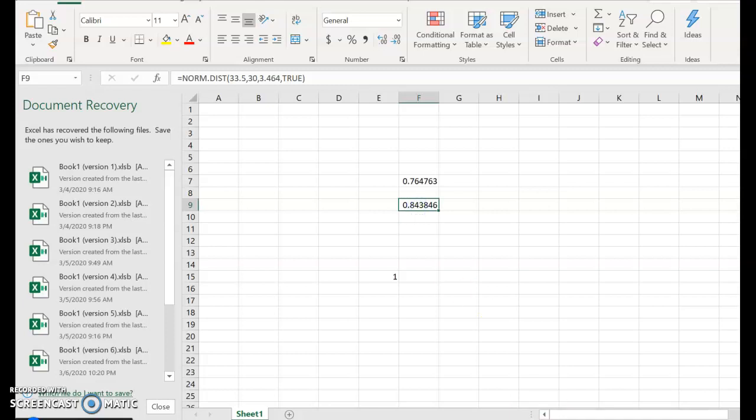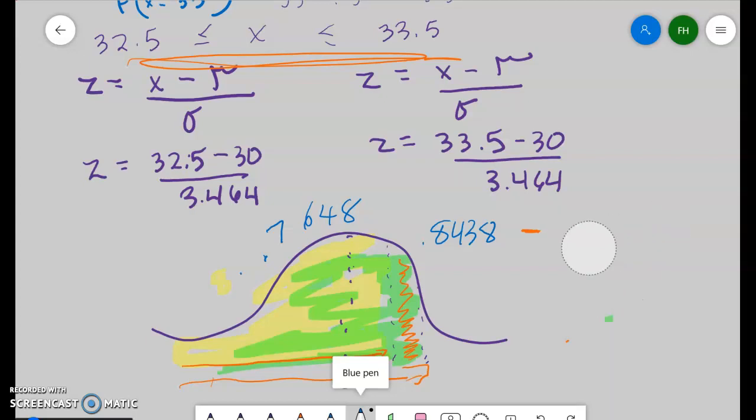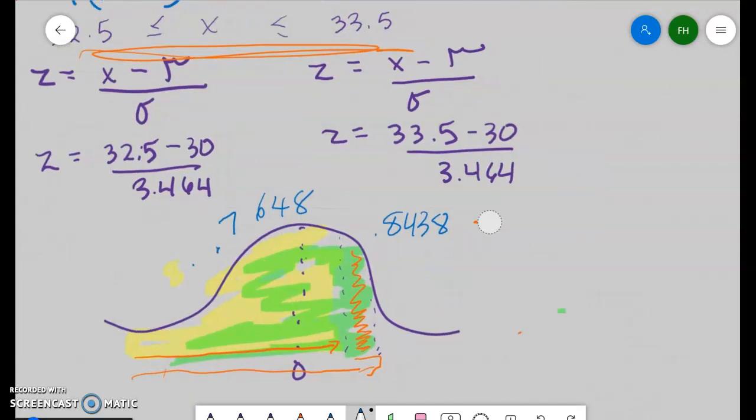So that is the problem, which means I put the numbers in wrong here, because the number that should have been here was the 0.8438, and the number that should have been for the yellow highlighted was 0.7648.